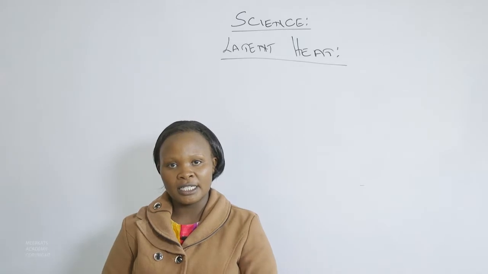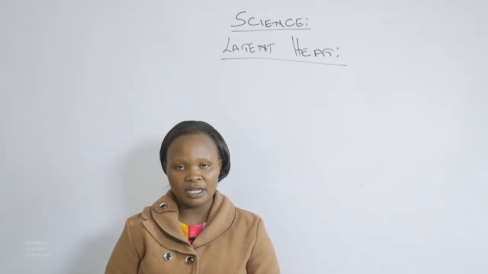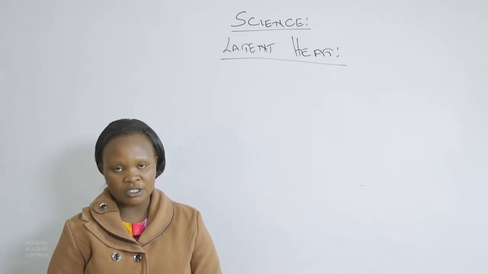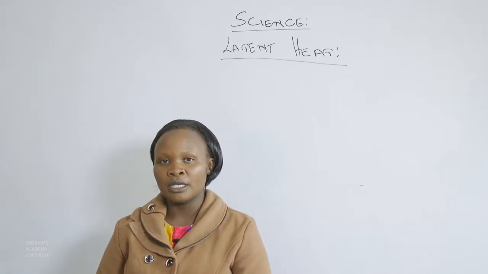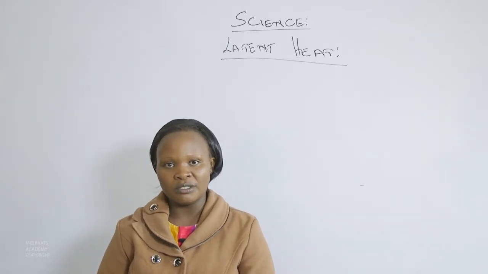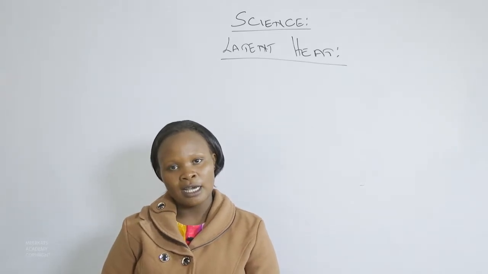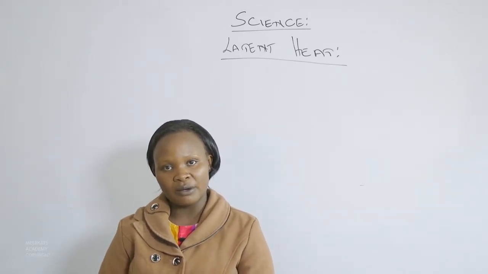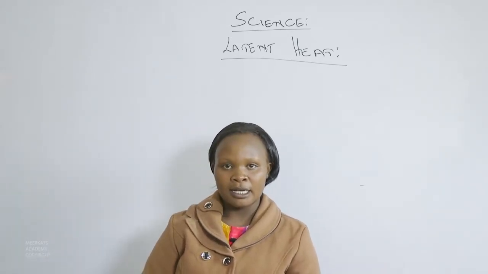But once that heat is absorbed, we do not necessarily realize a change in temperature. Today we want to find out how we can quantify latent heat and how it is going to affect our calculations of specific heat capacity.